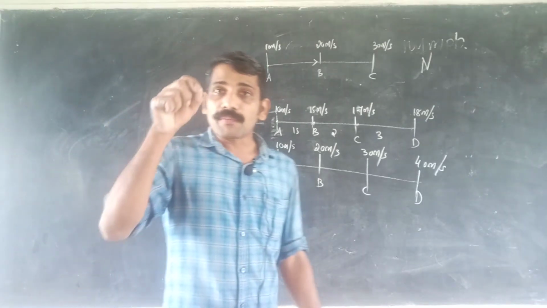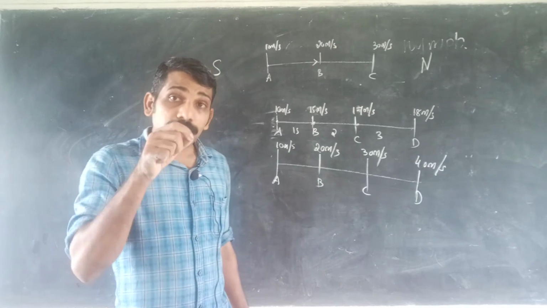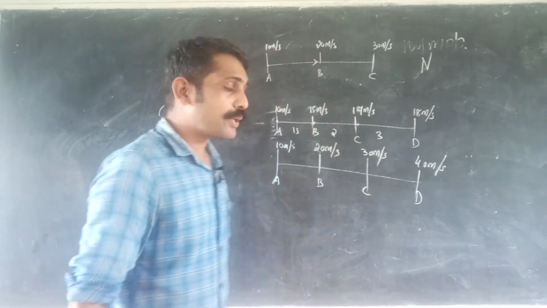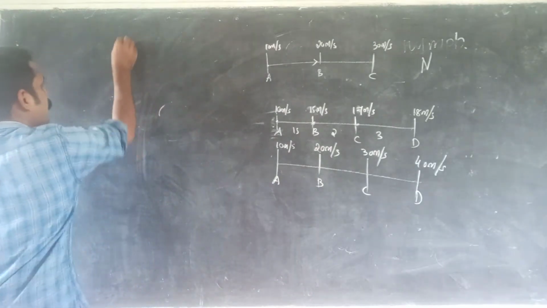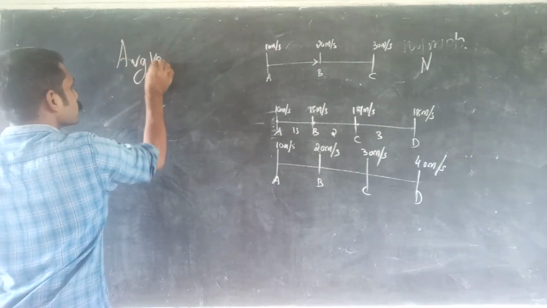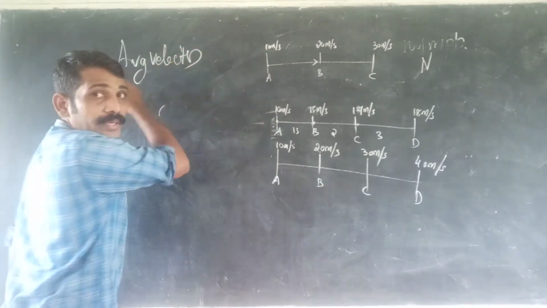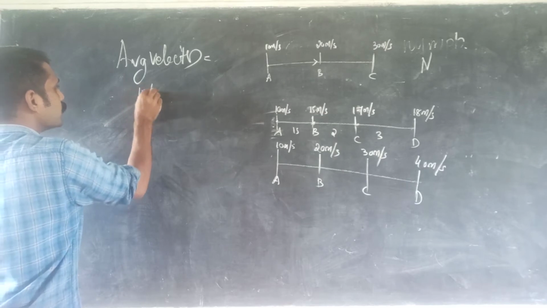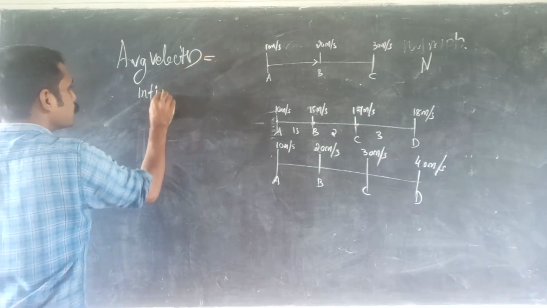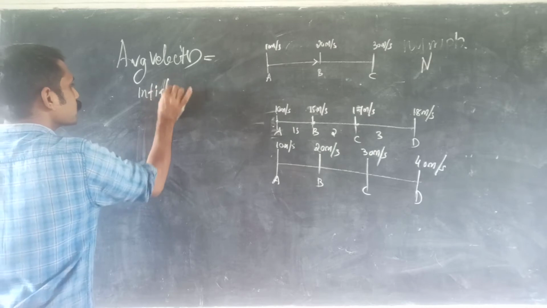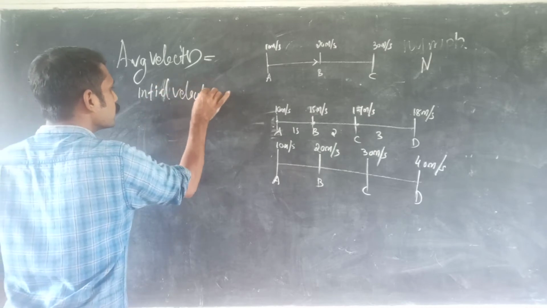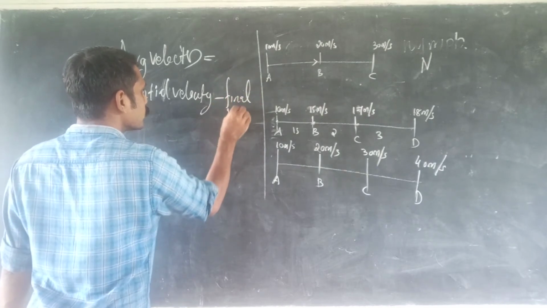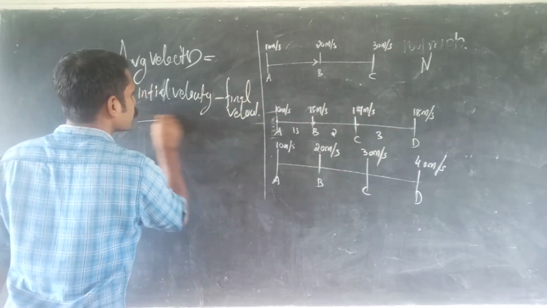If the velocity changes at a uniform rate, then average velocity is calculated as initial velocity plus final velocity, divided by 2.